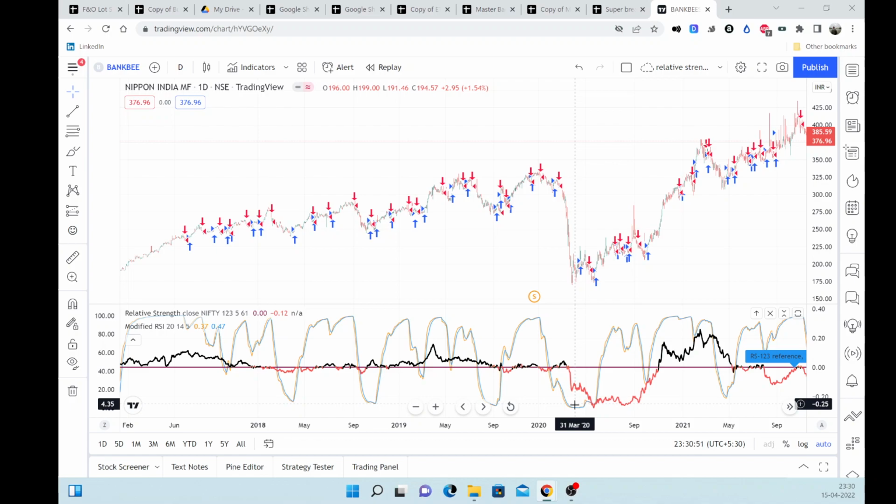That is what it doesn't show you. RSI doesn't show you the trend, whether it is continuously going down or continuously going up. It only shows that now people are buying more, now people are buying less, and you can time your decision. So you can buy when people are selling, and you can sell when people are buying a lot. It makes your overall buying and selling experience easier.